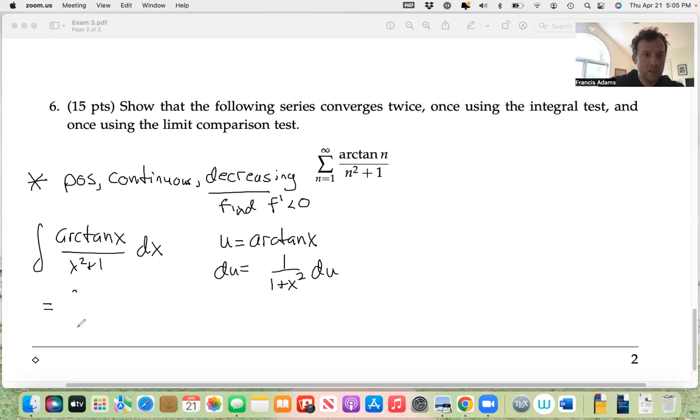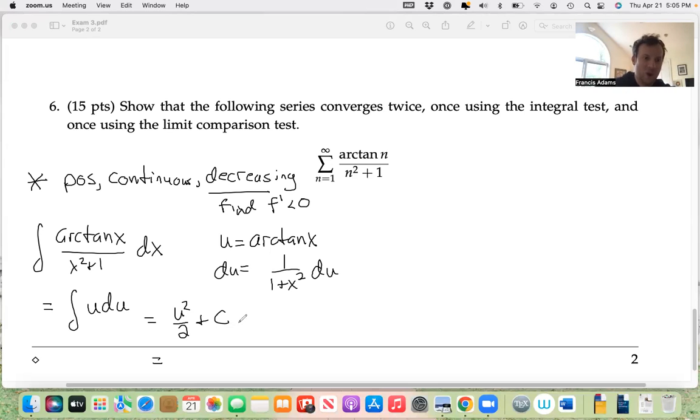So then this is integrating just u, which is u squared over 2. And for a second, this looks like, whoa, u squared goes to infinity. That means the integral is going to infinity, which means this diverges.